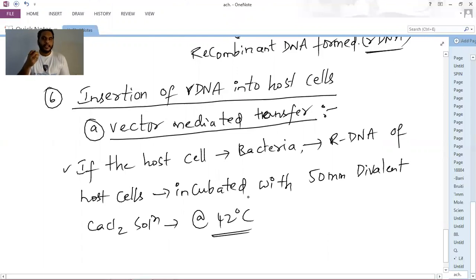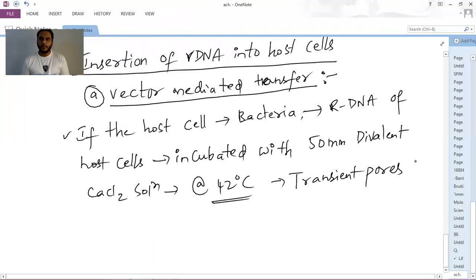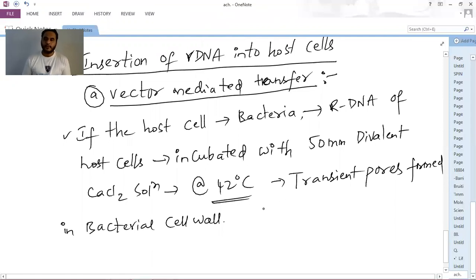It increases the formation of transient pores. Transient pores are formed in the bacterial cell wall, so that the rDNA enters into bacterial cells.